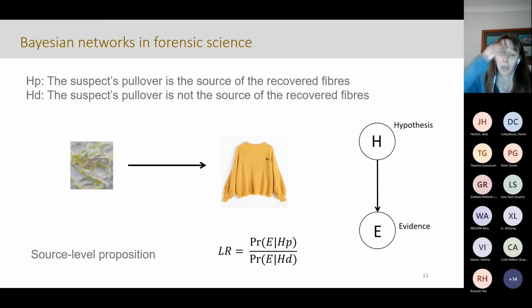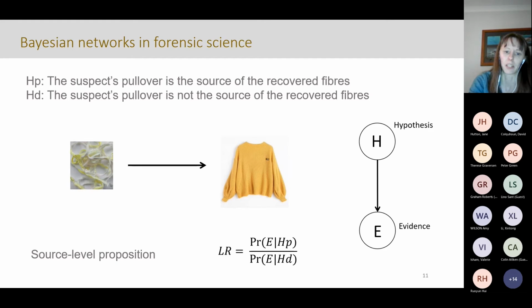So if new evidence came into the system, i.e. if somebody did an evaluation of how much this piece of fibre matched this jumper, that would be new evidence that could be put into this Bayesian network to update what the probability of the hypothesis might be. And that's really useful, and source level propositions are really useful.